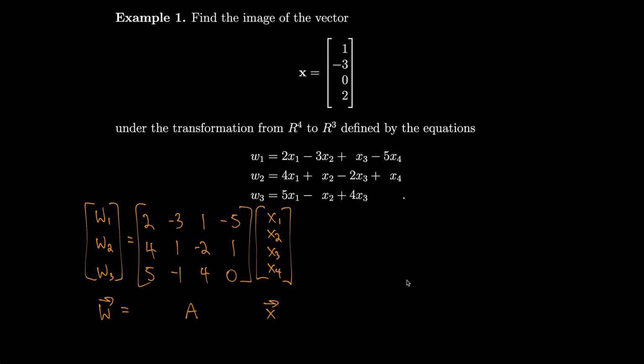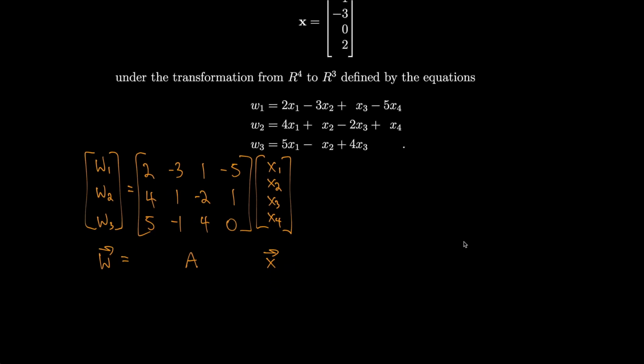So if we want to write the transformation, that would be TA of x. So that's given by A times x, which is, again, this coefficient matrix, so that's 2, minus 3, 1, minus 5, 4, 1, minus 2, 1, 5, minus 1, 4, 0.